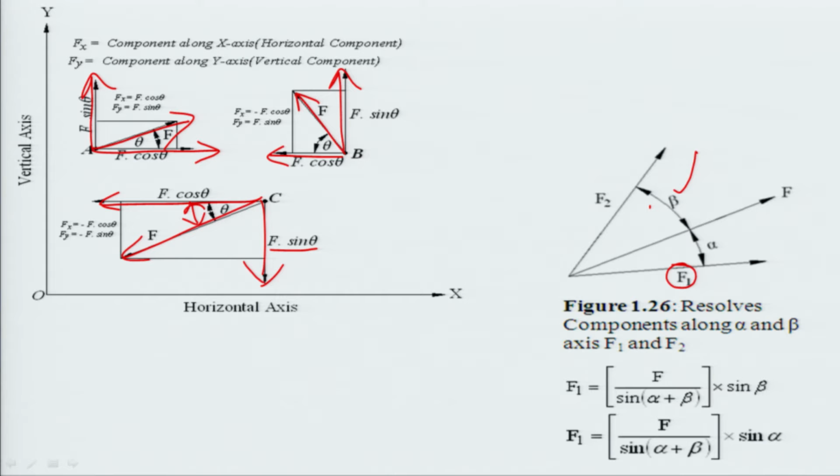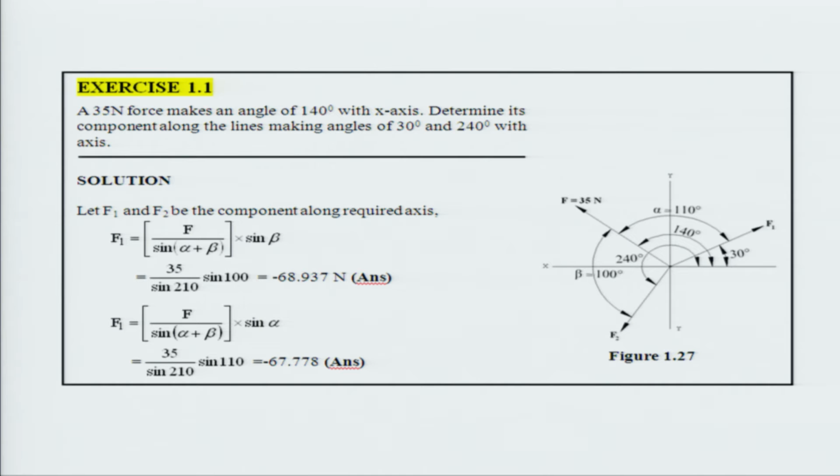This is F1, and this will be F2: F2 will be F divided by sin of alpha plus beta, into sin alpha. So, this formula will be used in calculating the components of forces.